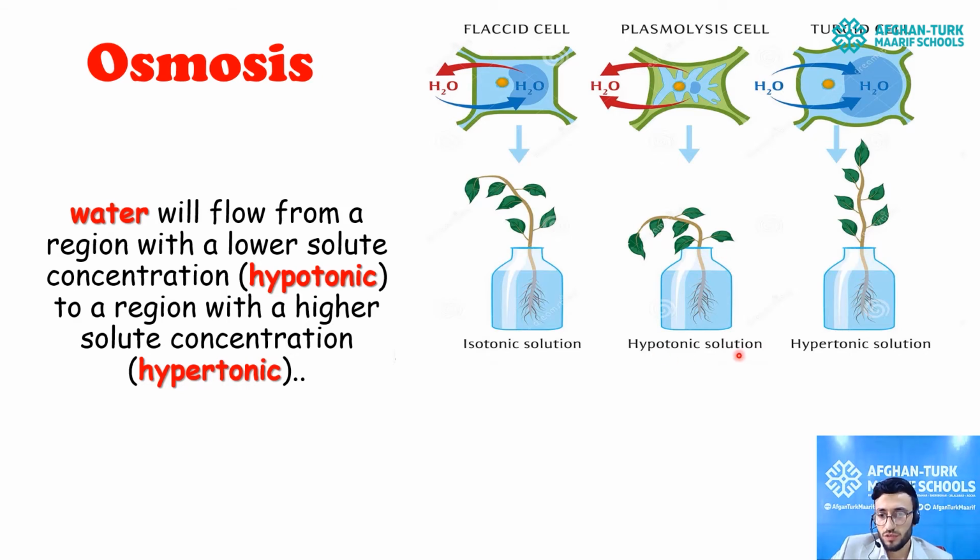Now in hypotonic solution, you can see that water is getting outside of the cell, so the cell shrinks. It is also called plasmolysis. It means water is lost by the plant cell. In a hypertonic solution, you see that the cell is a turgid cell. It means it absorbs more water and stands quite happily.